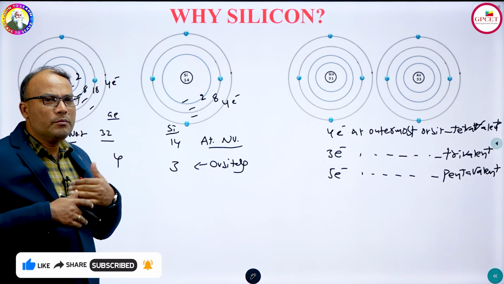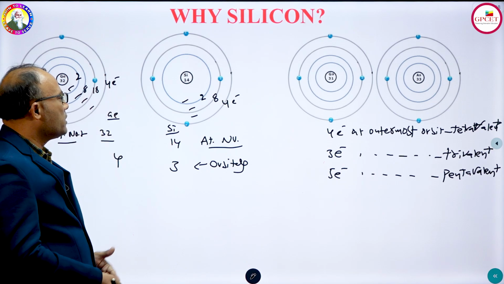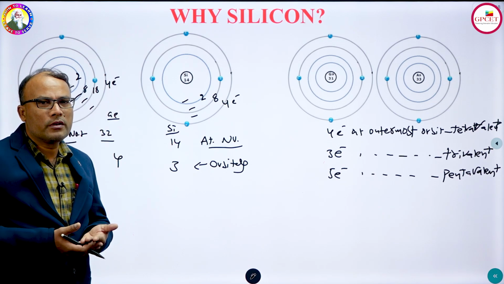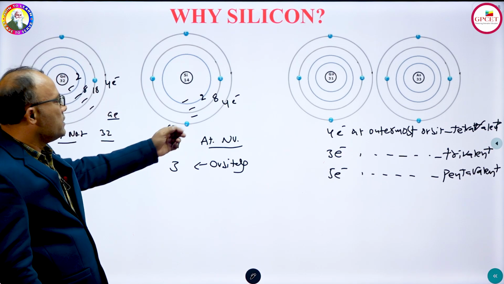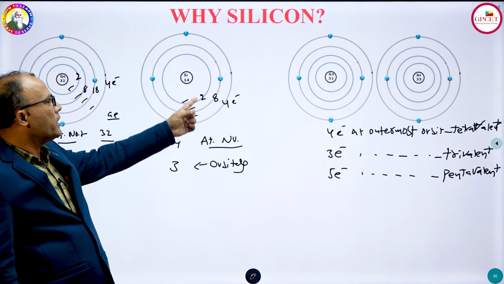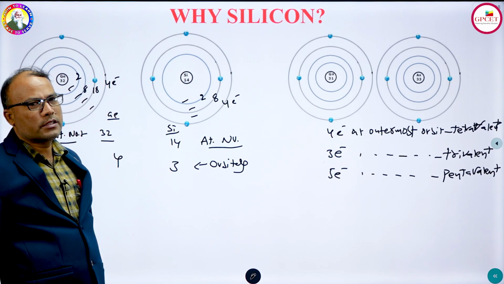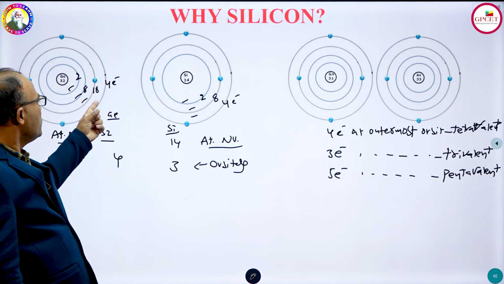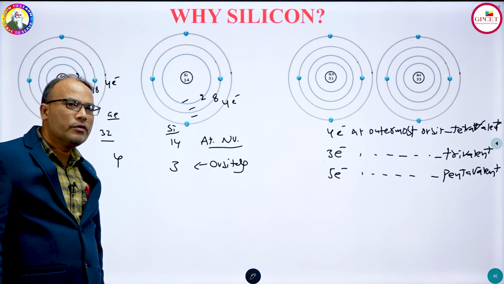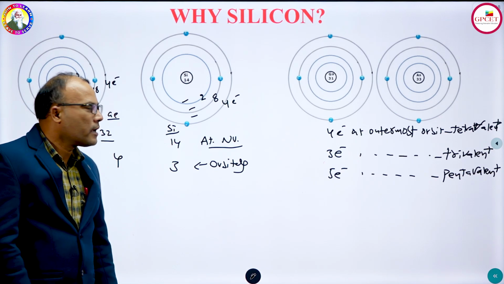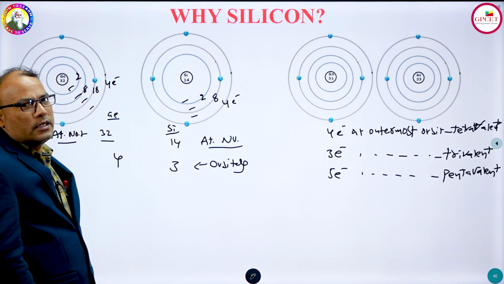If I apply the same joules of energy to both germanium and silicon, for example 1 joule of energy, the outermost electrons here are very much bound to the nucleus, and here loosely bound to the nucleus. So electrons in germanium will come outside first compared to silicon.